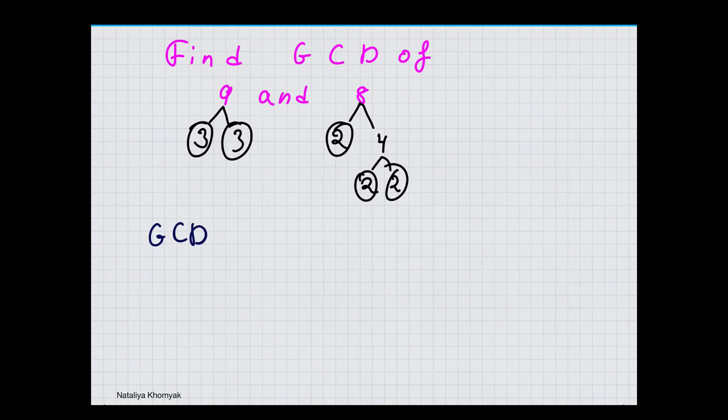Now, 9 has 3 and 3. 8 has only 2 times 2 times 2. So they have no factors in common, except each of them can be divided by 1. So if you have no common factors in your factor trees, remember that each whole number can be divided by 1 and you still get a whole result. That's all.